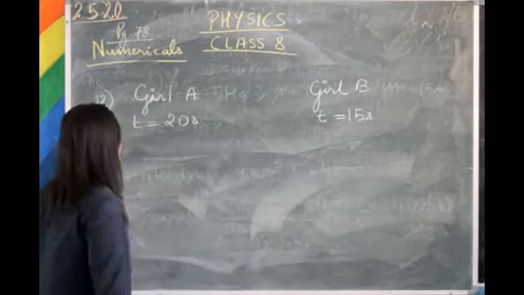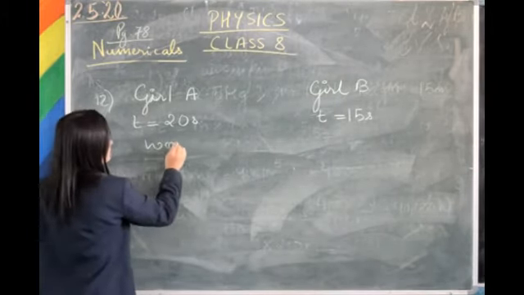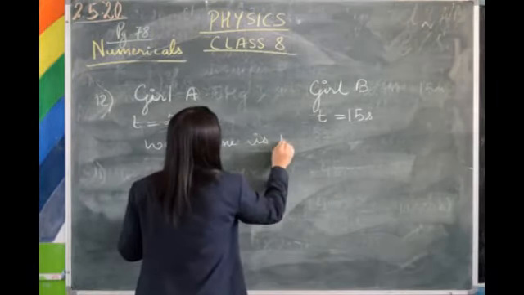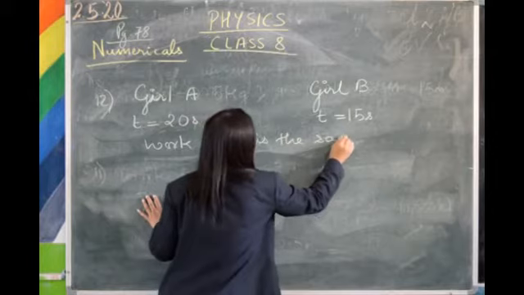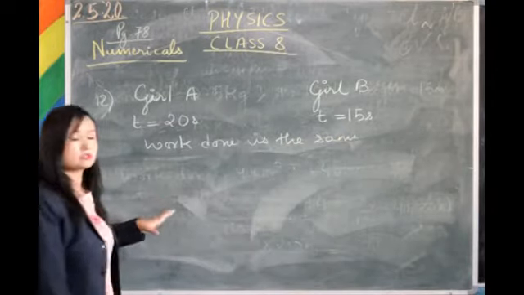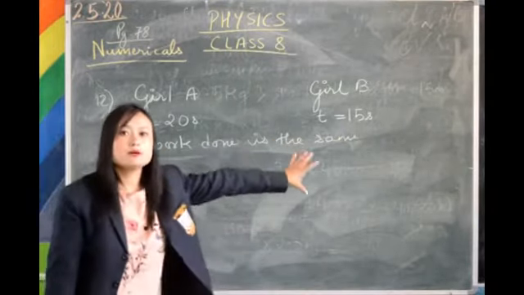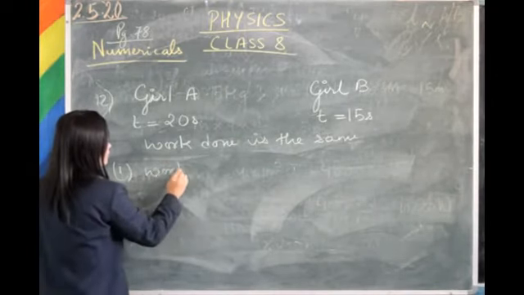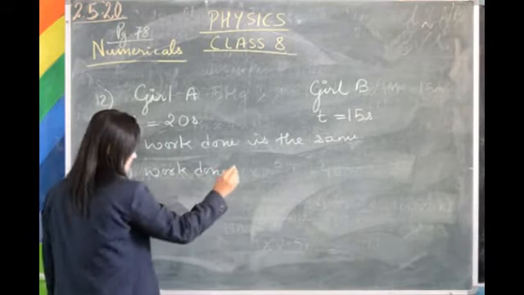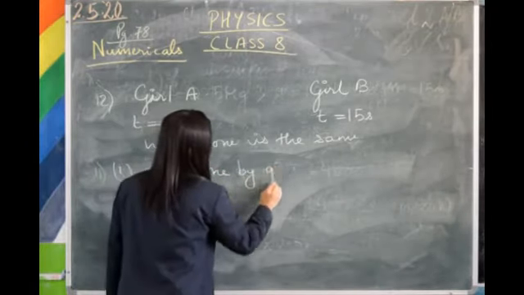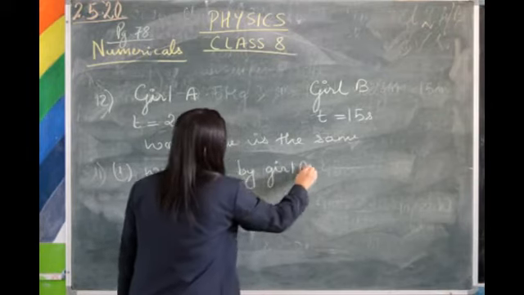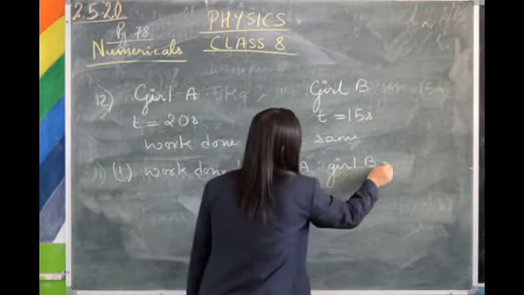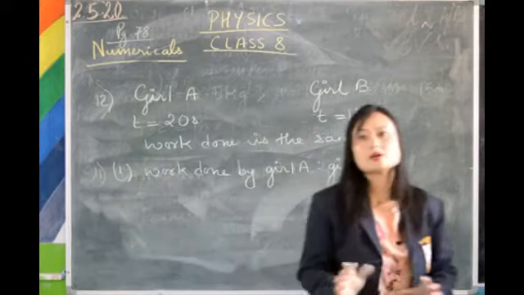The work done remains the same, because the same amount of work has been done by girl A and girl B. Therefore, if we are comparing the work done by girl A and girl B, we are finding the ratios.